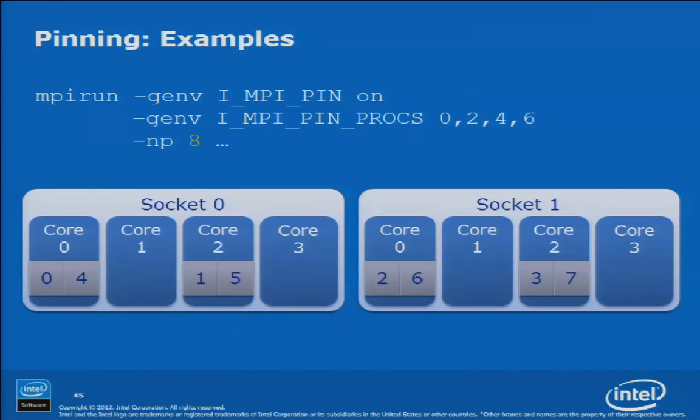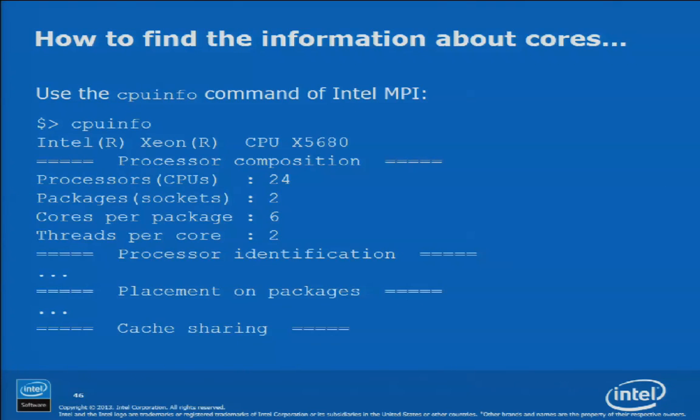Okay. How do you find out the structure of the system? We ship a little command called cpuinfo with our MPI library, and you can also use that for OpenMP pinning, of course. But it's part of the MPI. It will tell you how many logical CPUs you have, how many packages or sockets in the system, how many cores per package, and how many threads per core.